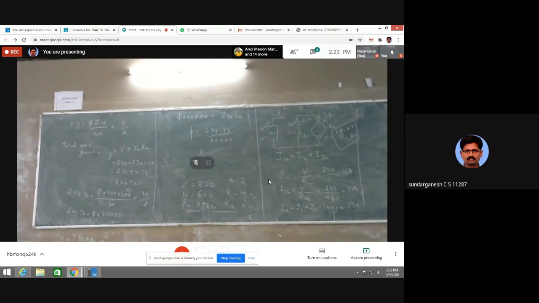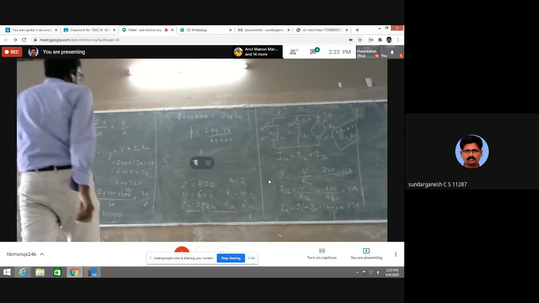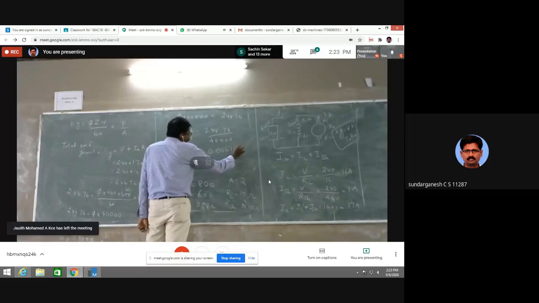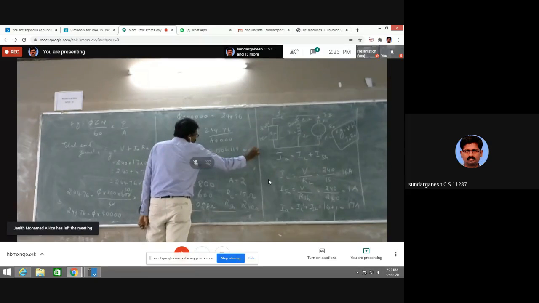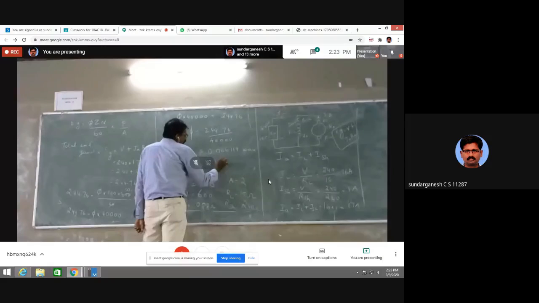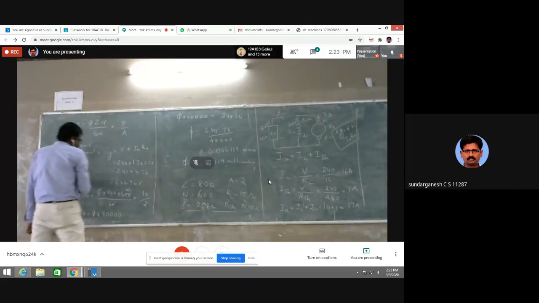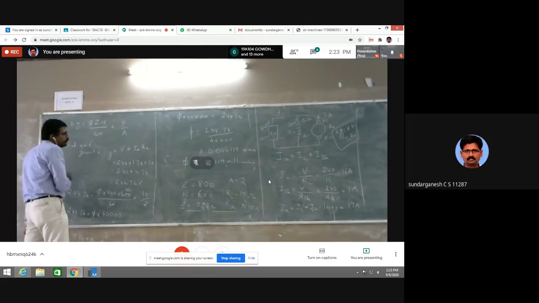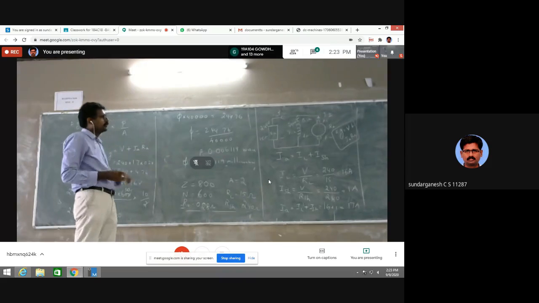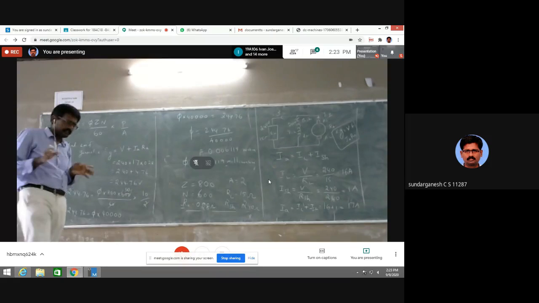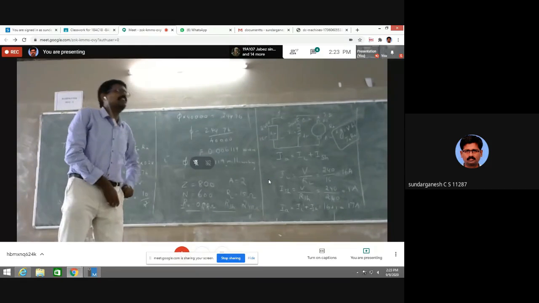It is equal to 0.006119 Weber, so it can be written as 6.119 milliweber. This is Eg, the back generated EMF. IA we have already got. So for this problem, we first have to know the circuit, whether it is a shunt generator or a series generator.